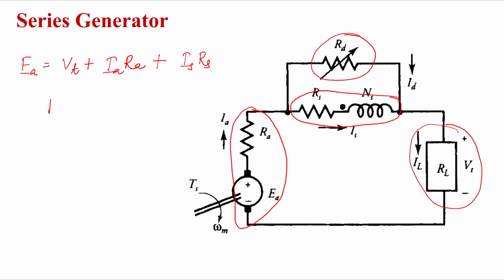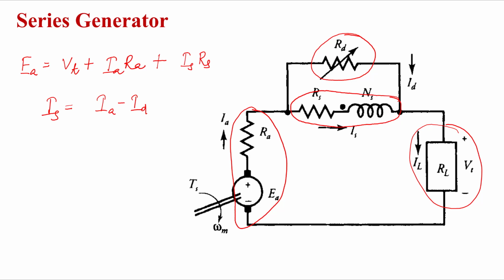Or you can say IS is equal to IA minus ID. Okay. IS is equal to IA minus ID, right? Now, these are the governing equations of yours. It is very, very easy, right?